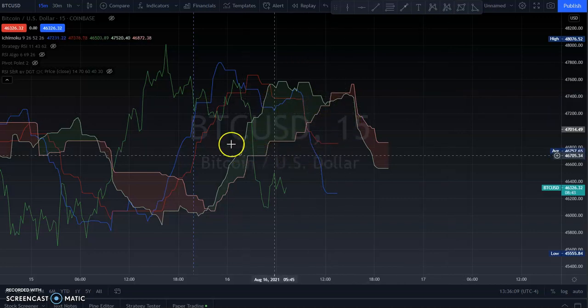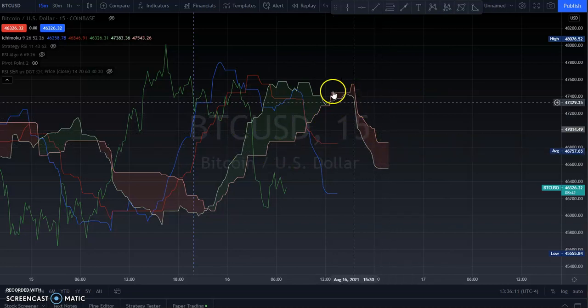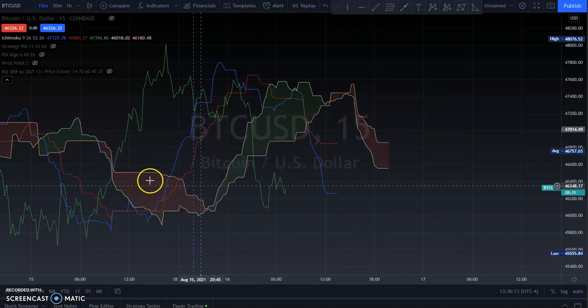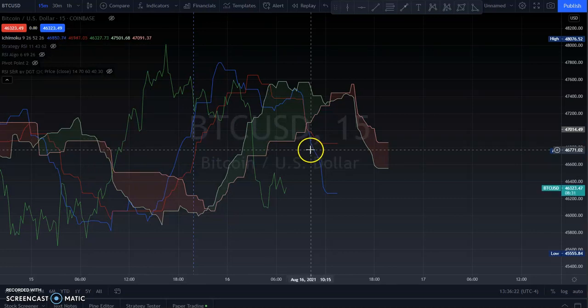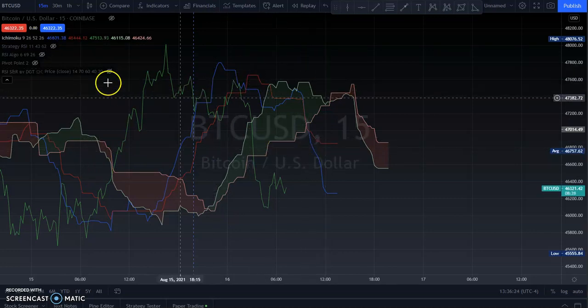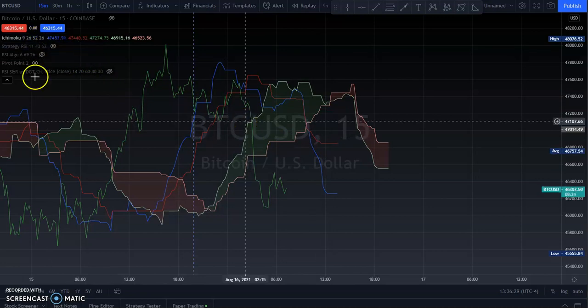So you see this area, this is called the Ichimoku Cloud. These are the default settings. When you load up the Ichimoku Cloud, these are the values that you will see, 52 and all that.